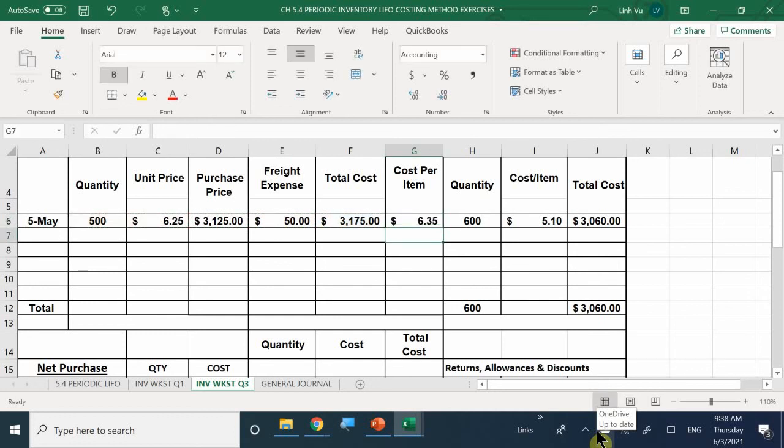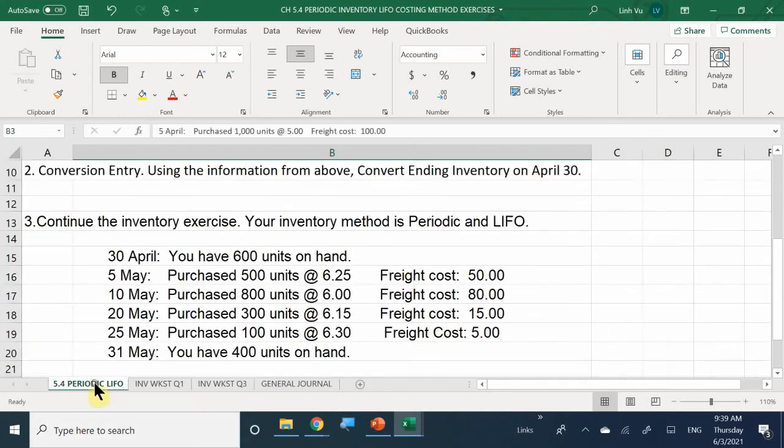Good. Once again, we need to keep our net purchases separate from our beginning inventory, because when we compute it at the very end of the bottom window, you need to separate your net purchases. What did you actually purchase versus what did you actually carry over? So in this case, what happened next on May 10?